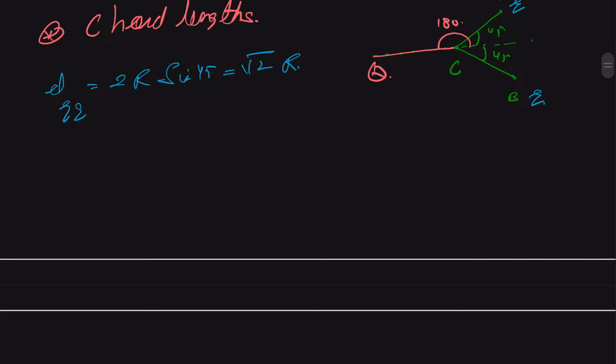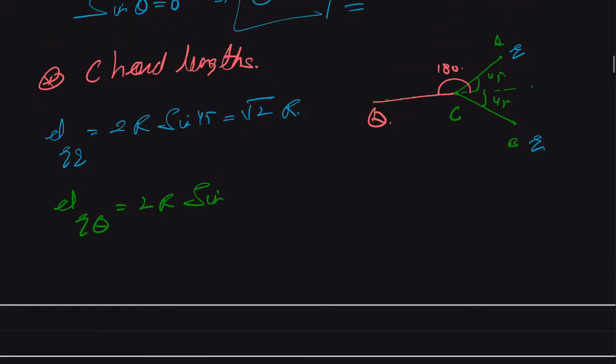And then we can find out our chord length between this capital Q and small q, that will be equal to 2r, and sine of, so this angle will be 135. So we get sine of 135 divided by 2, so that will be close to 67.5. Therefore we get this as r square root of 2 plus square root of 2.